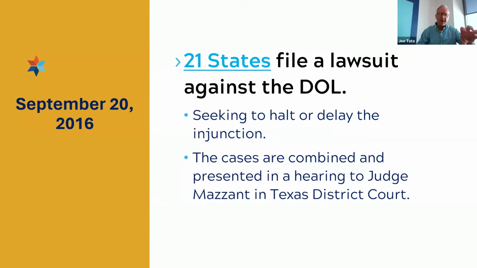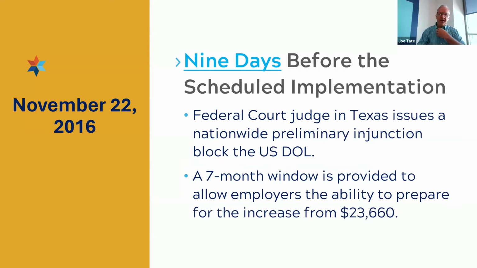Then on November 22nd, just 9 days before the scheduled implementation of the new salary threshold, that same federal judge in Texas issued a nationwide preliminary injunction blocking the United States Department of Labor.